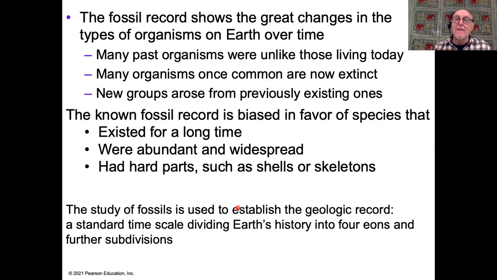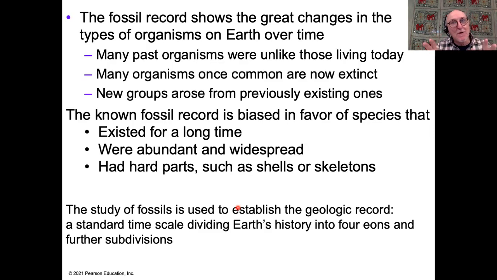In addition, rare organisms, which may be tremendously important in evolutionary processes, stand very little chance of being fossilized, just because they're present in such small numbers. The third thing is the likelihood of being fossilized is enormously increased if you have hard parts, like an exoskeleton or a bony skeleton or teeth or something like this.